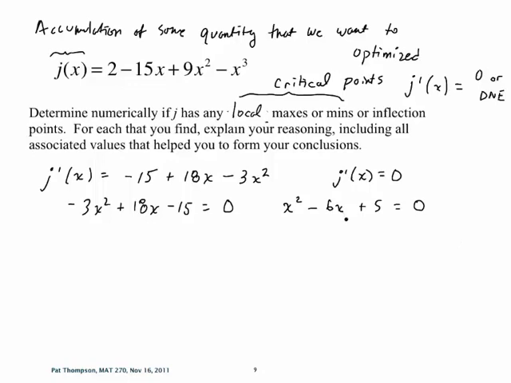Some of you have been waiting all semester for a problem like this. What do we do? Factor. Does it factor evenly? If it doesn't, then we use the quadratic formula. So this does factor: x minus 5 times x minus 1.